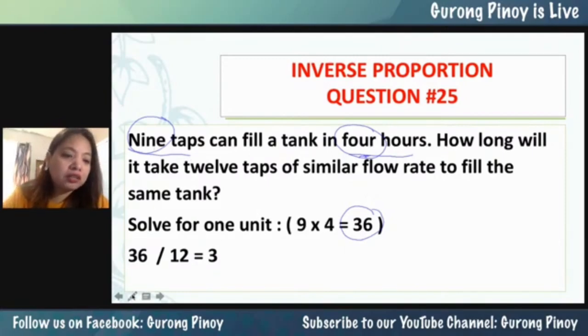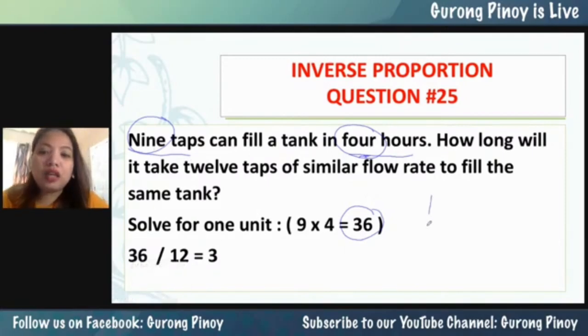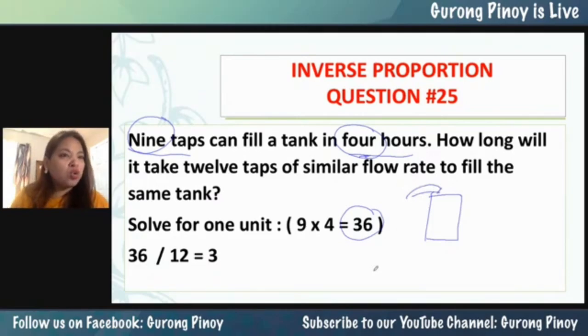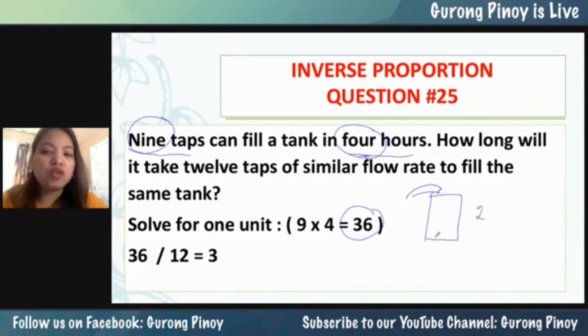Ito po si tank. Taps ay para po siyang gripo. Okay? Parang ganyan. Kapag binuksan ba, or parang hose, kapag binuksan ba o nilagyan siya ng isang gripo o ng isang hose, for ilang oras siya. Halimbawa, sa isang tap, 2 oras bago ito mapuno.